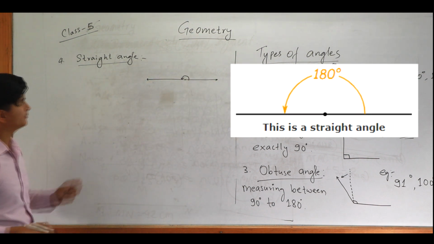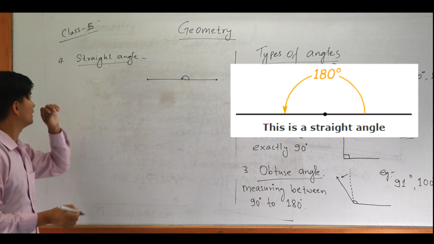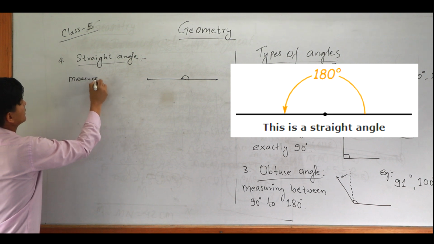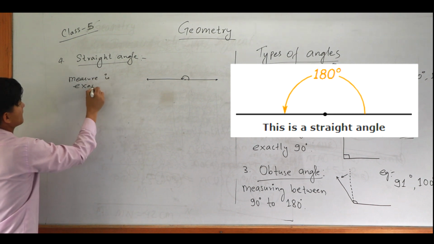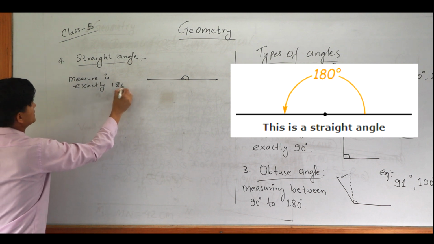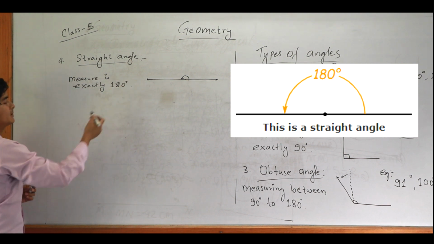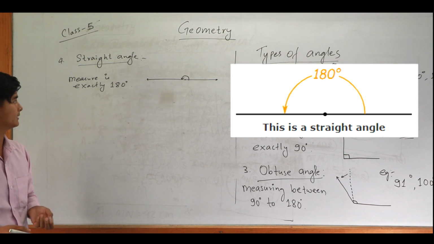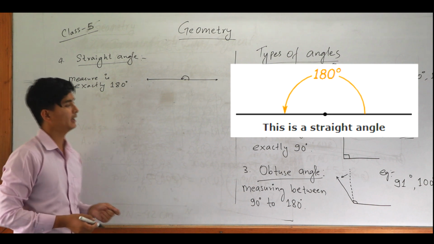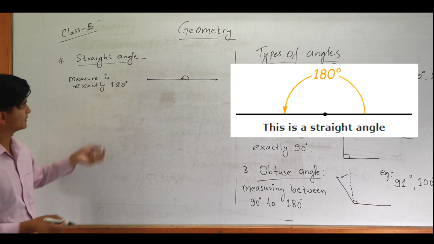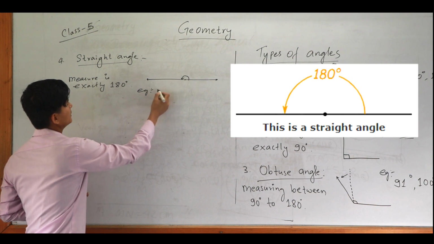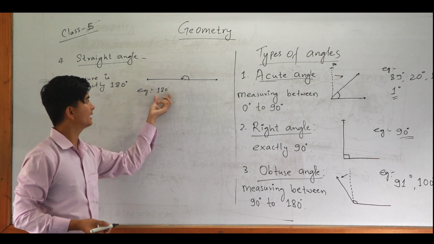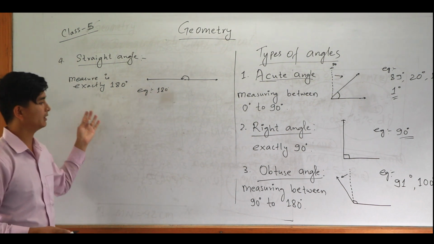So it is a straight angle because it is straight, and its measure should be exactly 180 degrees. Okay, in a straight angle we find that its measure is exactly 180 degrees. So that's why it is called a straight angle. So there is no other example for this. The example for this is only 180 degrees. Okay, because it is exactly at a point, the right point, that is 180 degrees. So it is a straight angle.